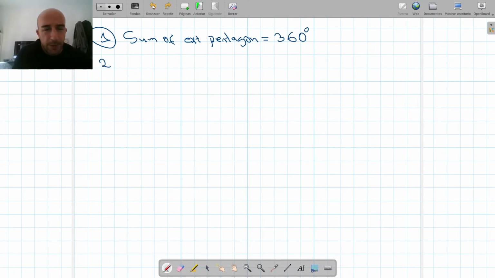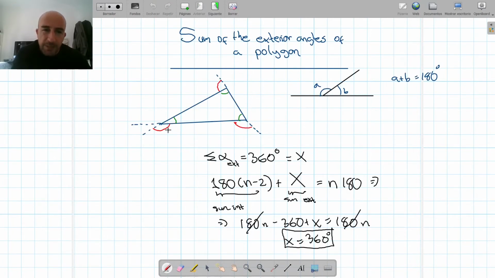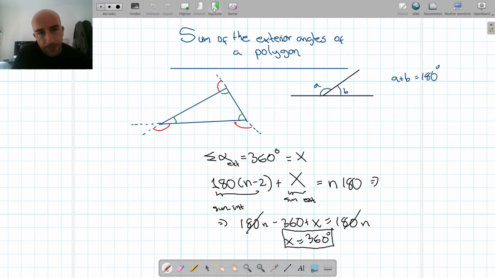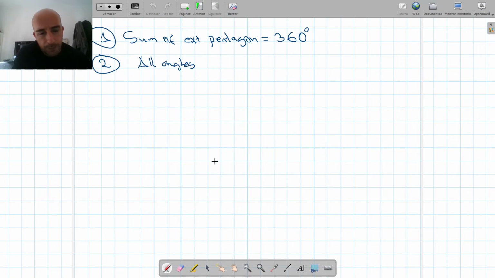Remember that if the polygon is not regular, so if the interior angles are not the same, the exterior angles don't have to be the same. So they might ask, for example, for we might be given all the exterior angles except one, and we are asked for that one, okay?